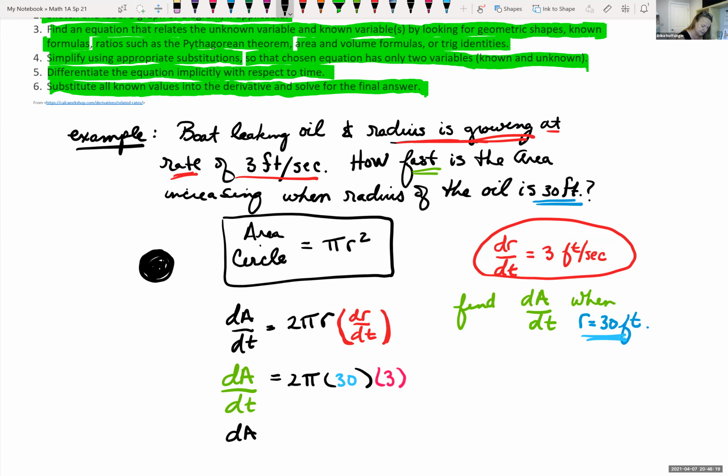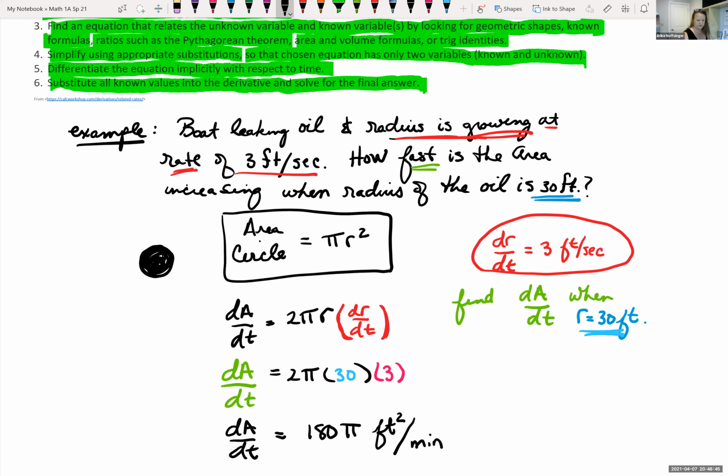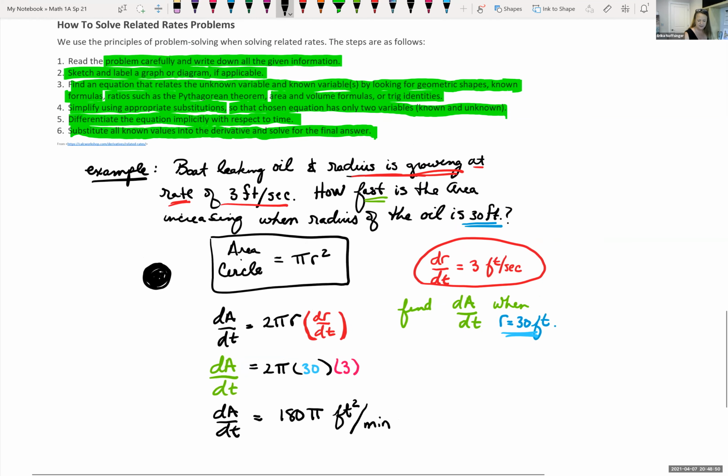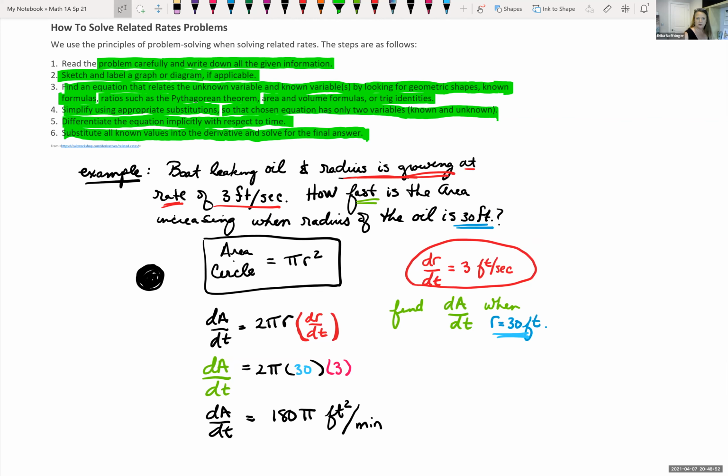So dA/dt is equal to 180 pi feet squared per minute. So the area is increasing at 180 pi feet squared per minute. You could always multiply that out by pi if you want to get an estimate, or you can leave it like that.